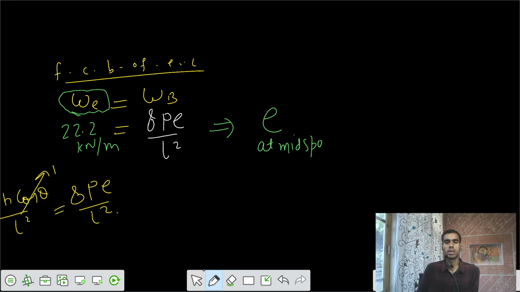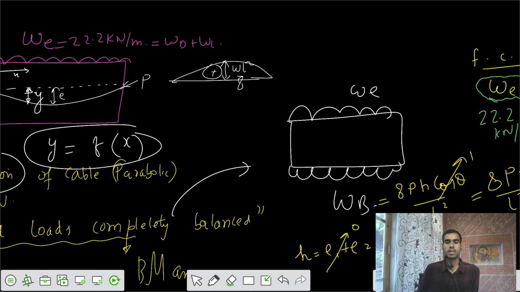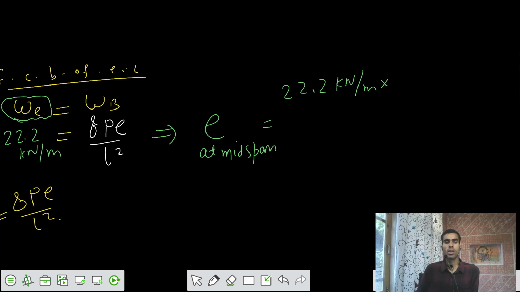So e at midspan is equal to 22.2 kilonewton per meter into length square, divided by 8P. The length of the beam was not given to you, so let's take the length of the beam as 8 meters. So let's calculate for L equals 8 meters.